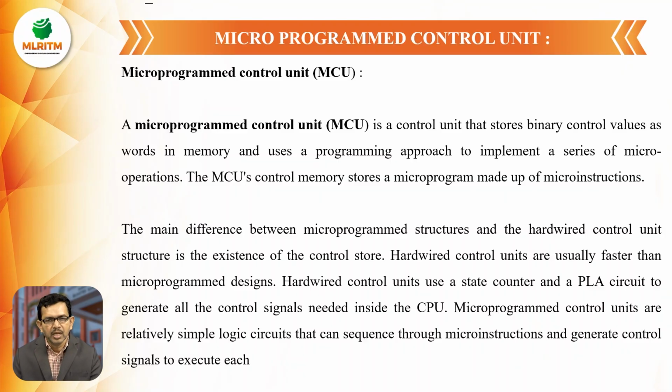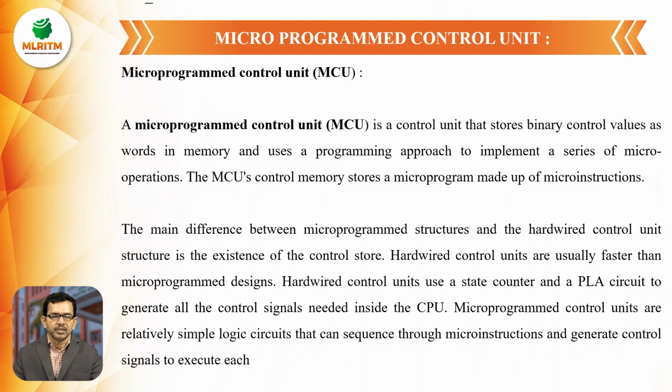Simply, we use a microprogram, a program that we can read and write and modify for the execution of the instructions. Now we'll see how the microprogrammed control unit differs from the hardwired control unit for the execution of instructions. The microprogrammed control unit is a unit that stores binary control values as words in the memory.